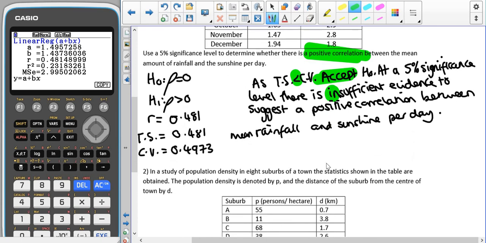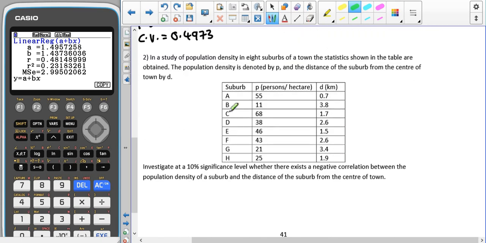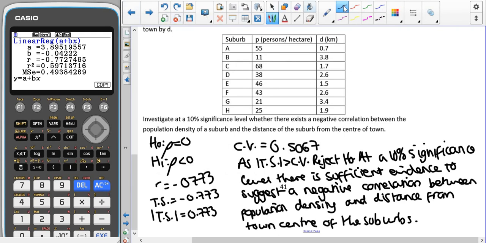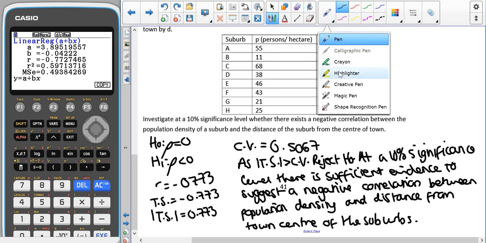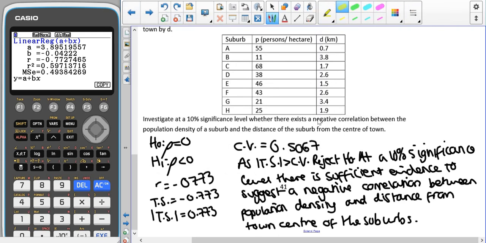So now I'd like you to pause the video again and give the second Now You Try question a go. So this time we were looking for a negative correlation. So we have rho less than 0. Putting those values into our calculator, we end up with minus 0.773 to 3 significant figures. Remember, because it's negative, we need to have a look at the size of the test statistic.